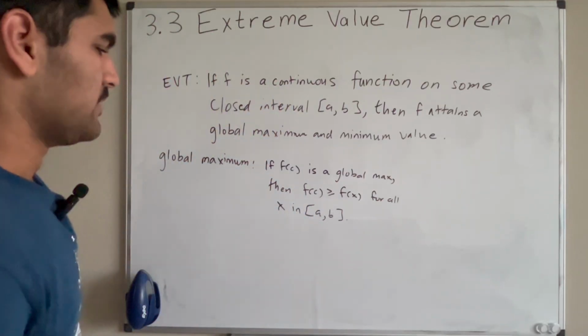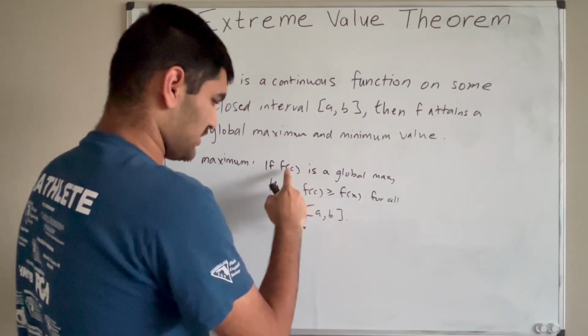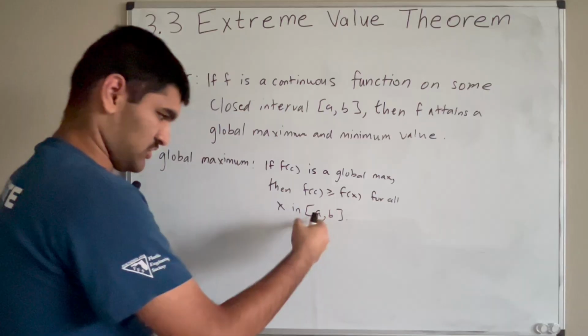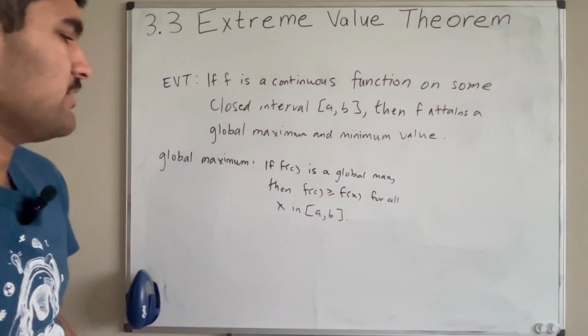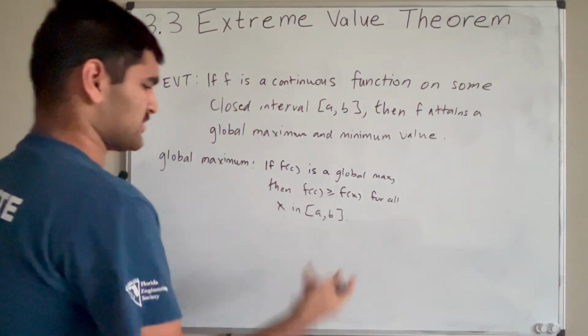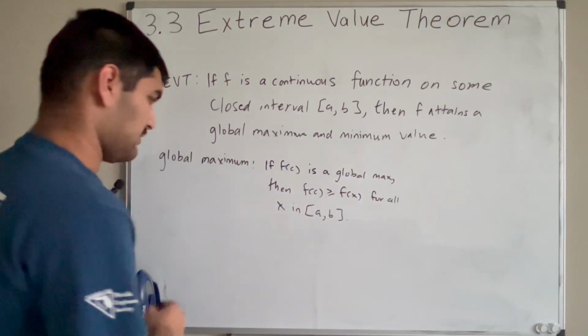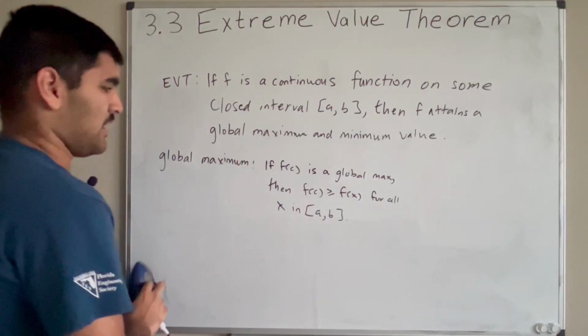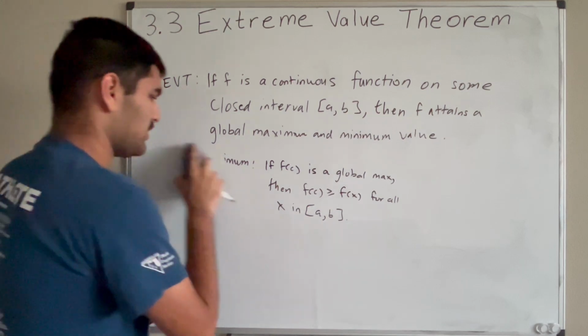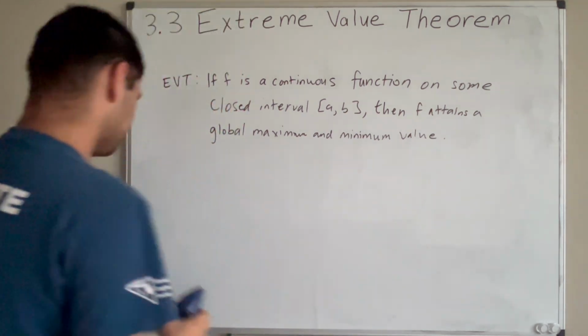Obviously c is also in the interval a to b. The global minimum has a similar definition: f of c is less than or equal to f of x for all x in a to b. That's what the extreme value theorem says.